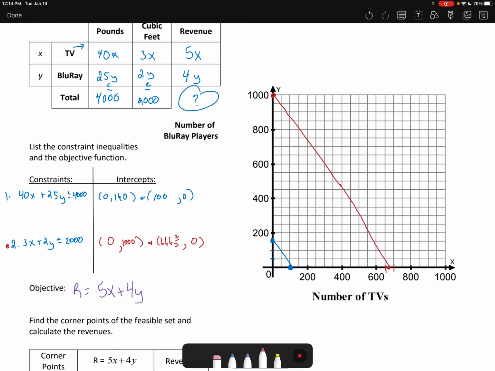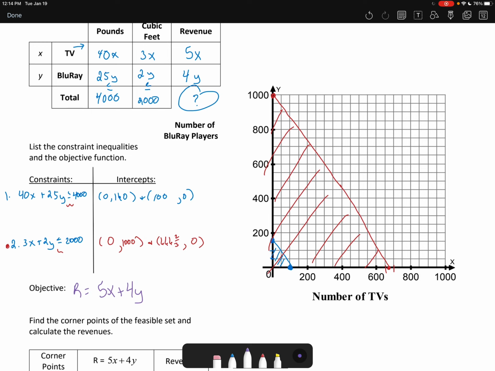These both happen to be less than or equal to's. So if we put in the zeros, which are available, 0 is always going to be less than or equal to that value. So it means we end up shading below each one of these. So we're going to shade below the red line and also below the blue line.